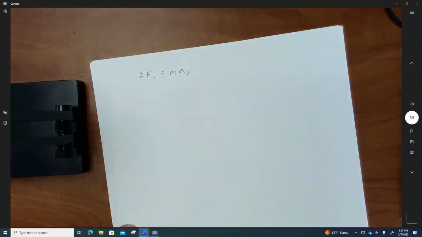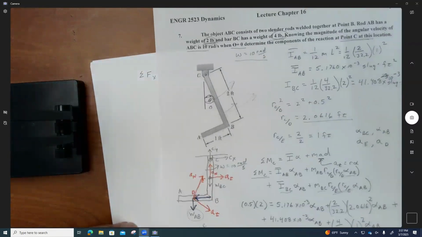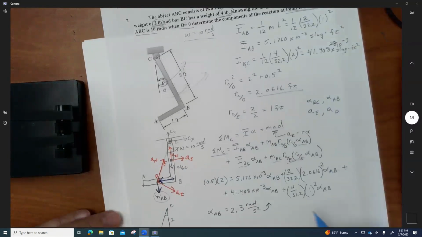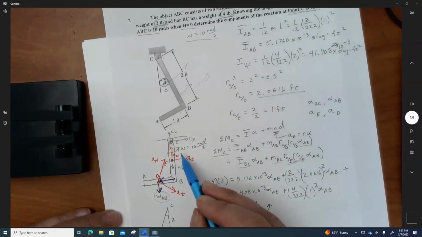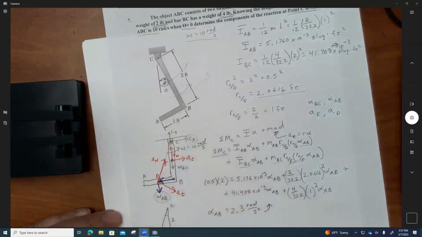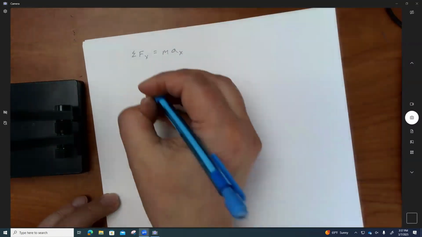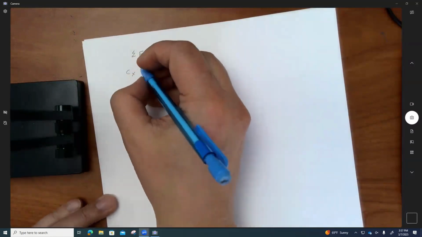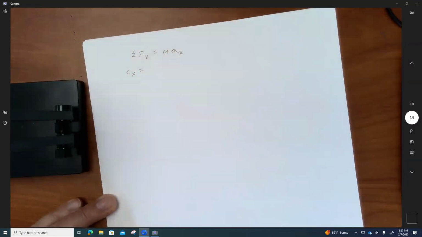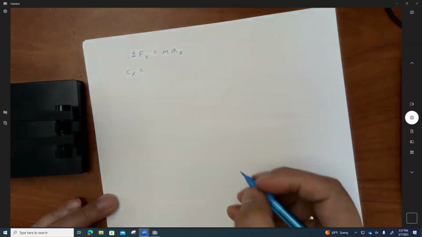If we look at our free body diagram, we have two weights going down, but the only force we have is Cx in the X direction. And we labeled that as a plus component, so I'm going to put it in to match my free body diagram.